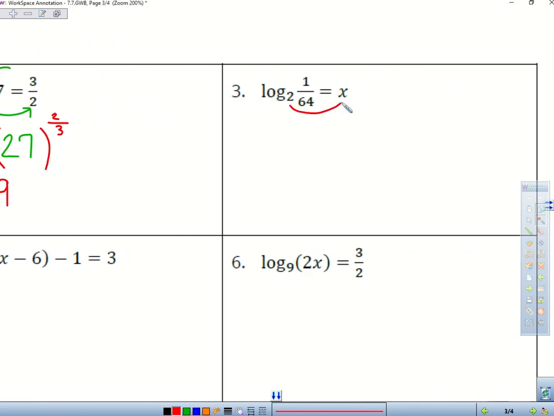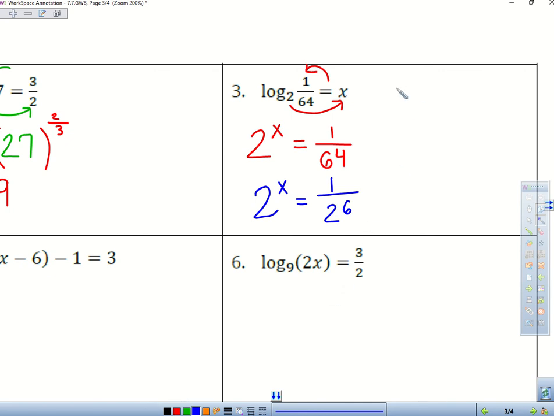So once again, we're going to use our arrows. And you have two options here. You can solve it the calculator way, or you can solve it methodologically. I don't know if that's the word I'm trying to think of. So isn't it true that 64 is the same thing as 2 to the 6th power?